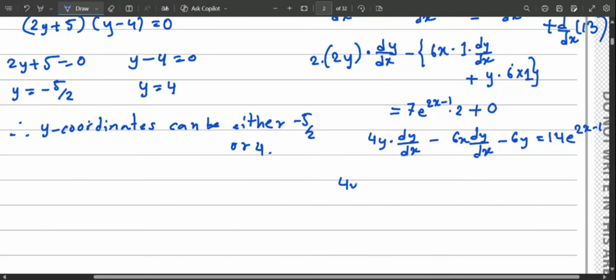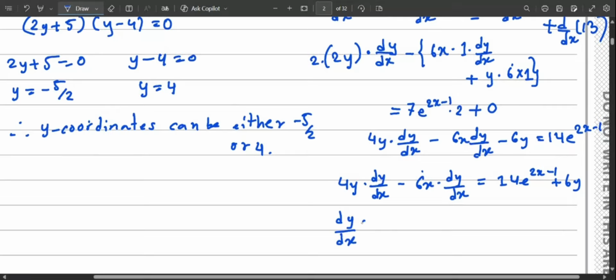Now we will keep all the terms with the dy/dx term on our left, and we'll move all the other terms to the right. So 14 e to the power of 2x minus 1 plus 6y on the right. Now we can take dy/dx common from these two terms.